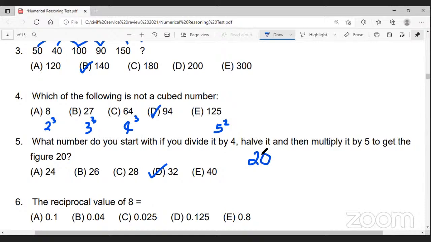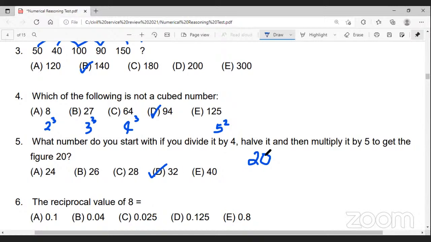I started at 40. Okay. You tried to check whether 30 is the starting number. Okay, that strategy is trial and error. And no worries with the strategy you use as long as you could get the correct answer.